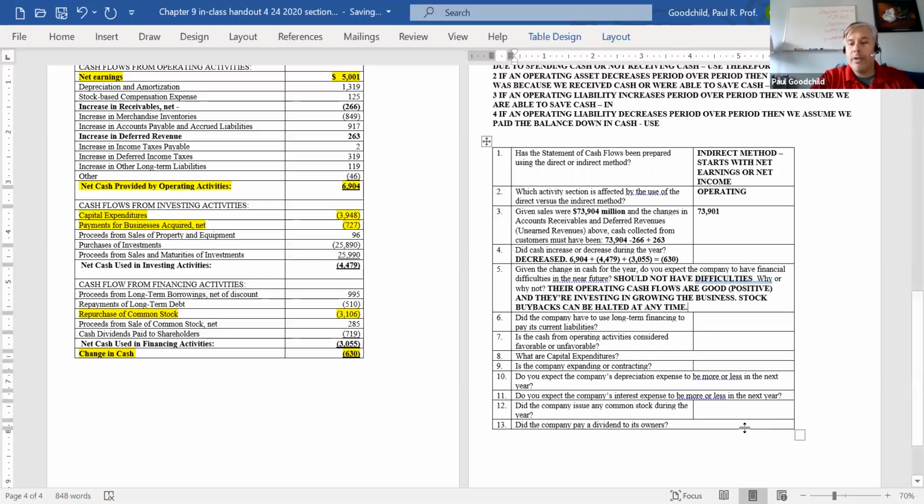All right, I got a question here. I'm going to take a look at it. Somebody said, long-term, if investing activities are high, wouldn't that cause the company to have financial difficulties now? Not necessarily. A lot of that depends on how they're financing the investment.